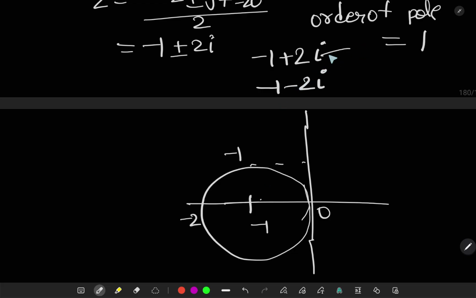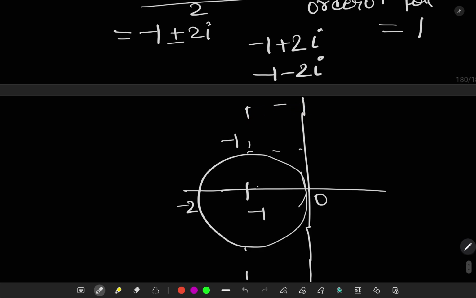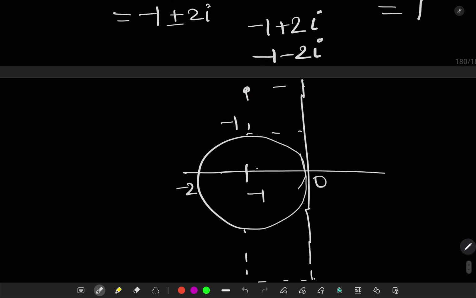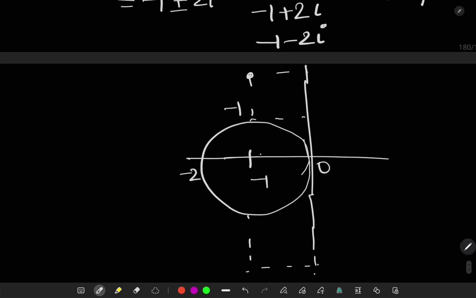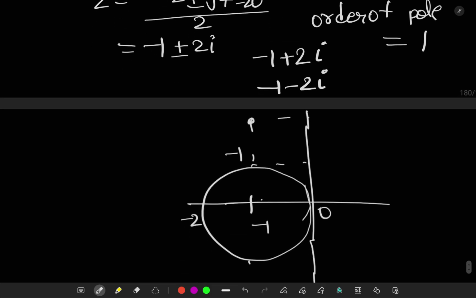So for this the integral is 0, and similarly for -1 - 2i. So this -2i may be here. So both these points are outside the curve, so the integral is equal to 0.